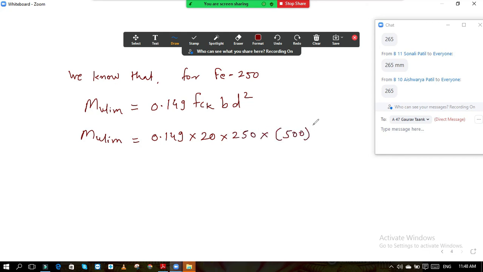We have taken this 500. So now if you solve this, you will get the value of Mu limiting. Let me know the value. 186.25. 186.25 kilonewton meter. So simple maths is there.